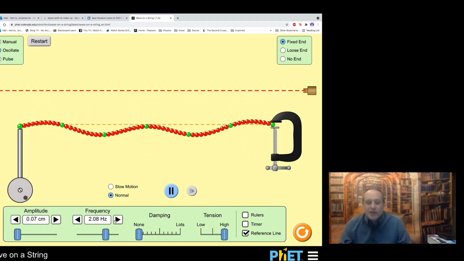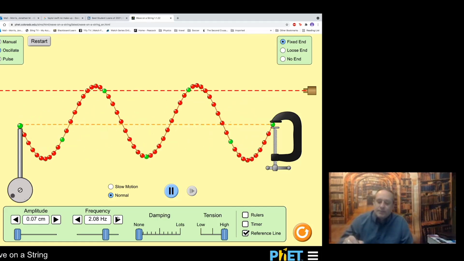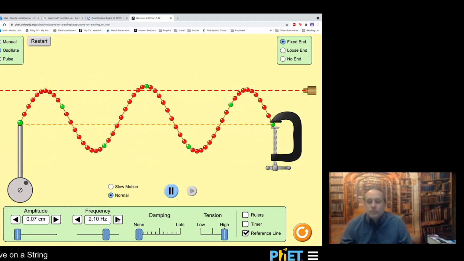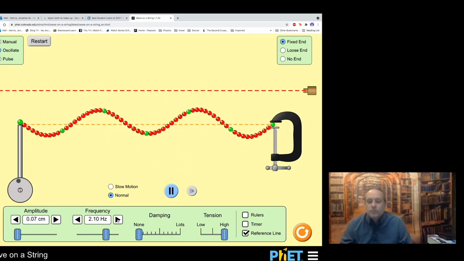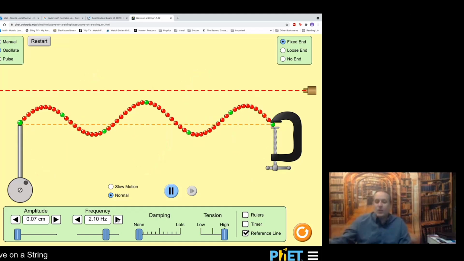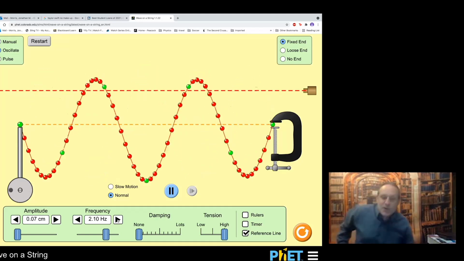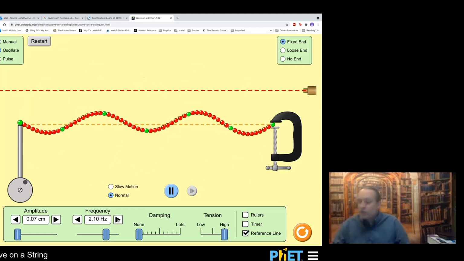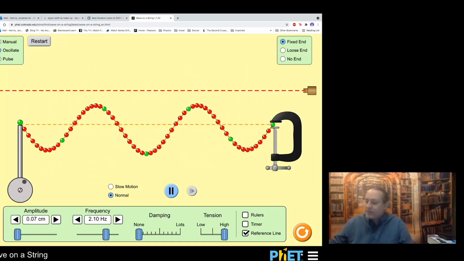It just becomes too big. Again, I don't want to take the time to do that because that's what you're going to be doing in your lab. This is probably pretty close to the fifth harmonic.